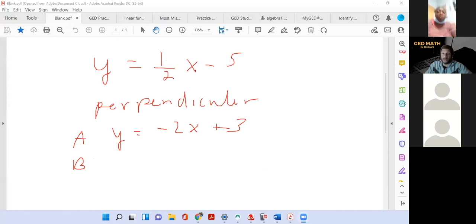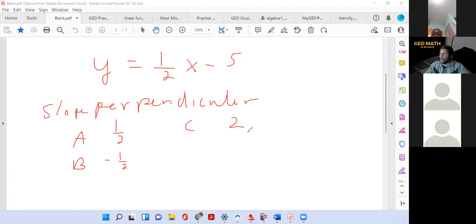Hold on, let me erase that. Find the slope of the perpendicular. So they might have had A: 1/2, B: minus 1/2, C would be 2, and D would be minus 2. In this case, of course, if it was parallel, we would have the same slope.